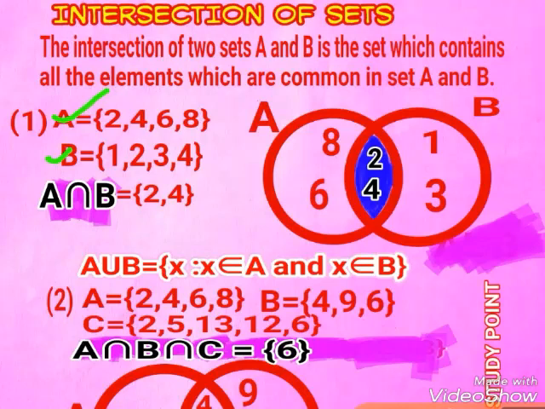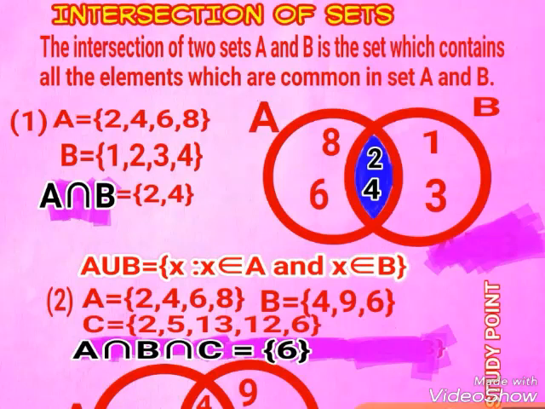The common elements in set A and set B are 2 and 4.